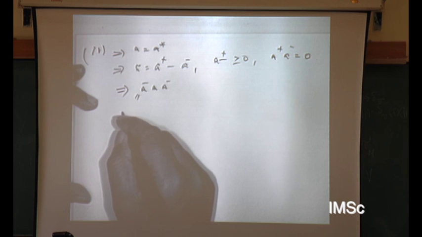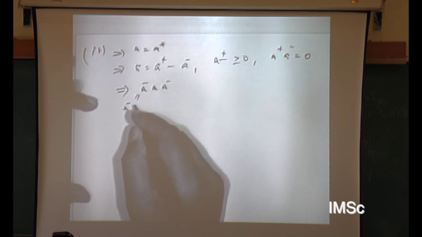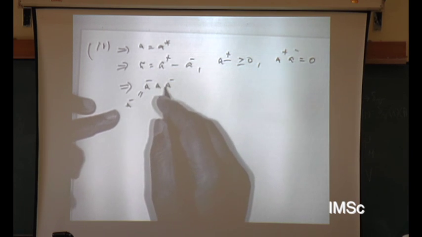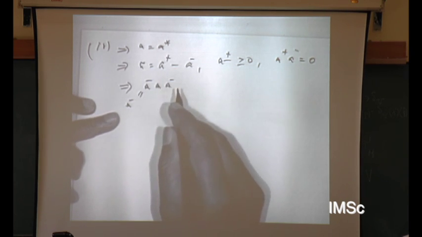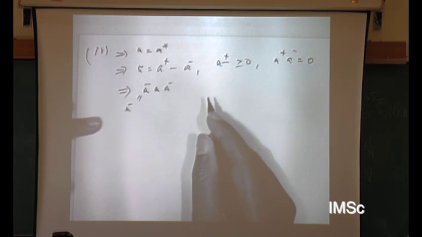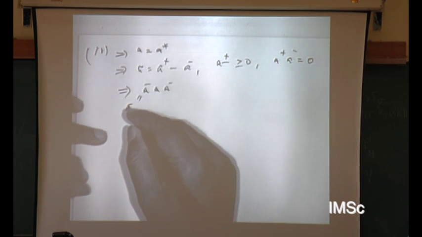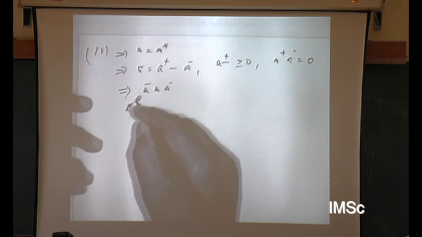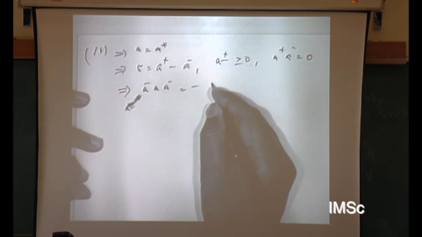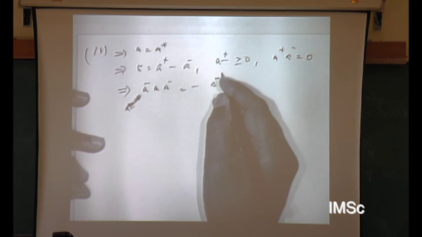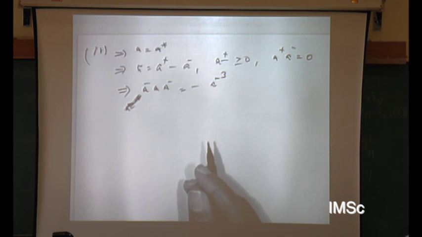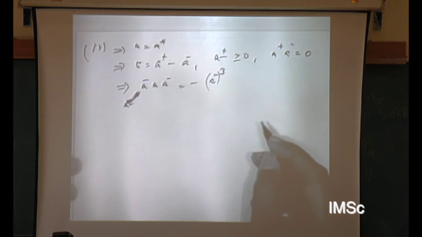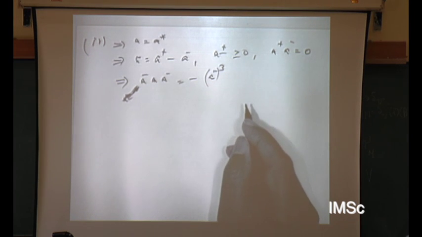This is A minus times A, which is minus A minus cube. Actually, A minus cube, not A power minus 3, the cube of A minus.